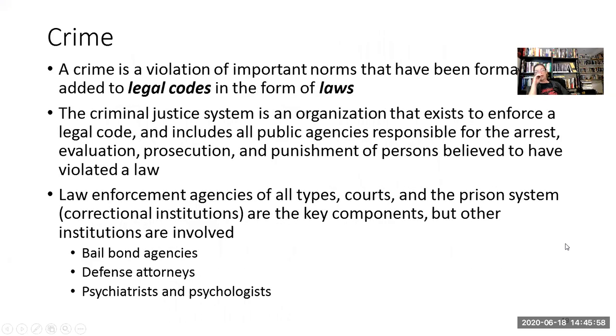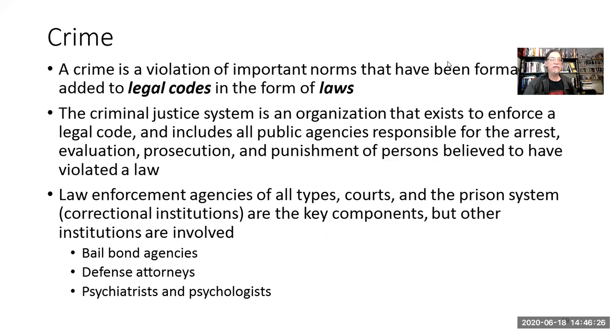Crime is a violation of these important norms that have been put in legal codes, in the bodies of law, and enacted by legislatures, become laws. The criminal justice system is a web of other subsystems that enforce the legal code, evaluate the offenders, punish the offenders, and provide social services to people after they've left prison and while they're in prison.